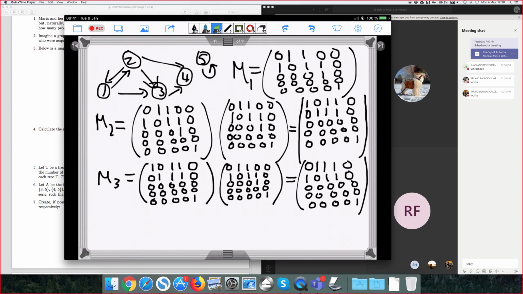Okay, so let's compute M4, which is M3 times M1.